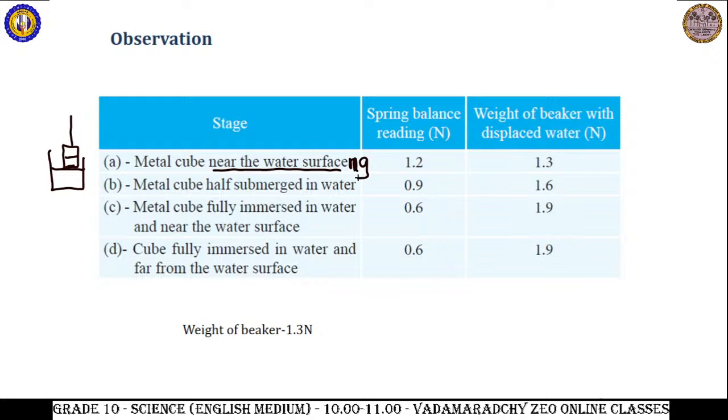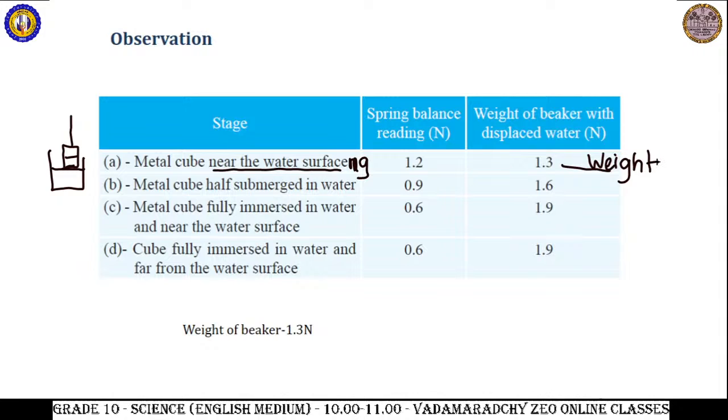Now, the weight of the beaker with displaced water. At this instance, when the metal cube is near the water surface, no water is displaced, so it is just the weight of the beaker.